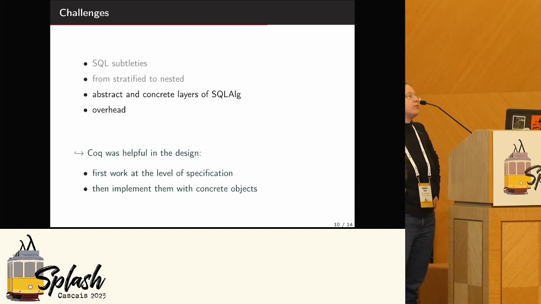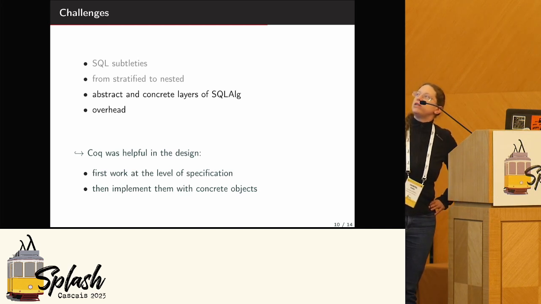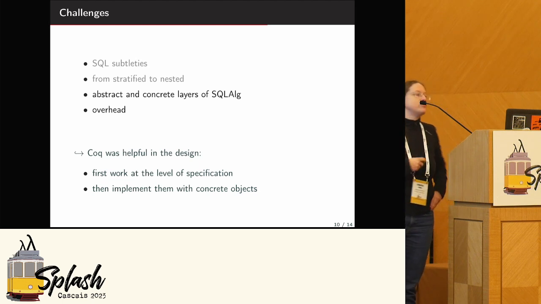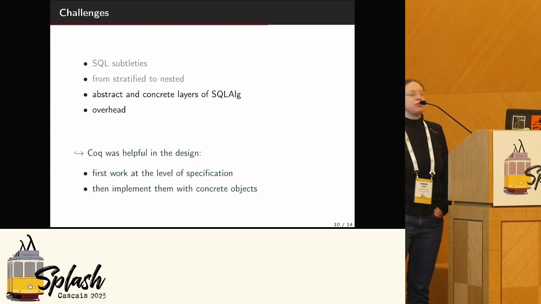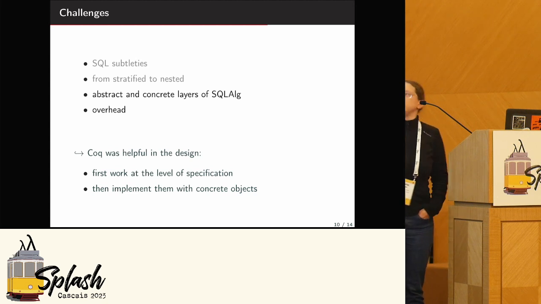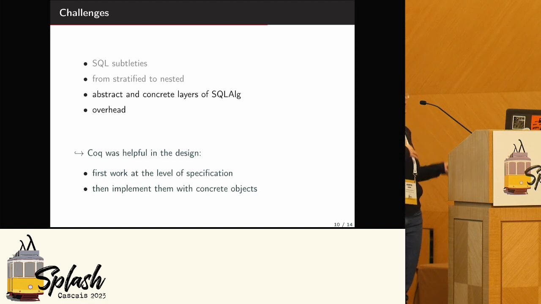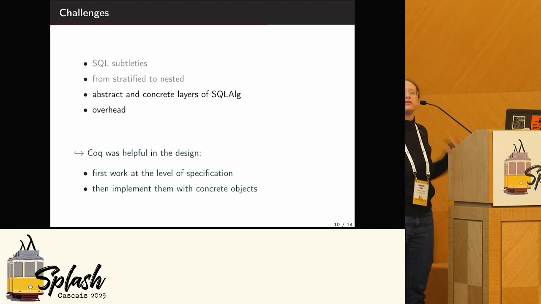So to sum up the challenges, I've presented two of them: the SQL subtleties, and the fact that we go from stratified to nested. Two other challenges are the fact that SQL Alg is defined with two layers, an abstract layer in which we don't know how data and so on are represented, and the concrete layer, which is the executable part.